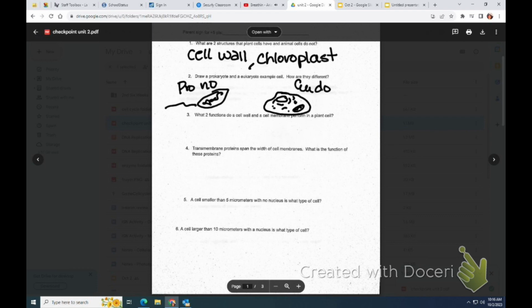Transportation, yes. So the way that I'd like for you to word this is restricting molecules entering and exiting the cell, and it maintains size and shape.